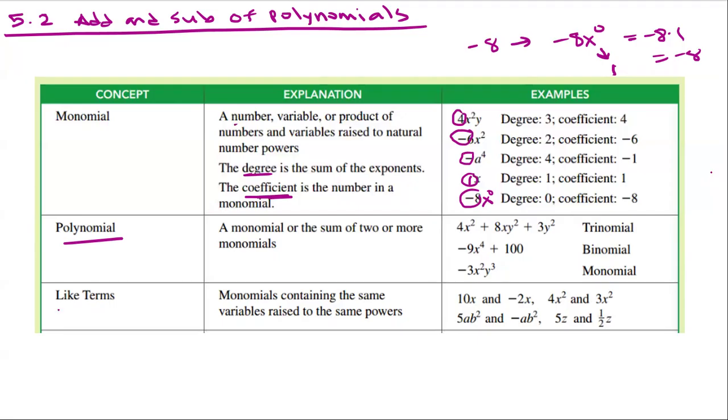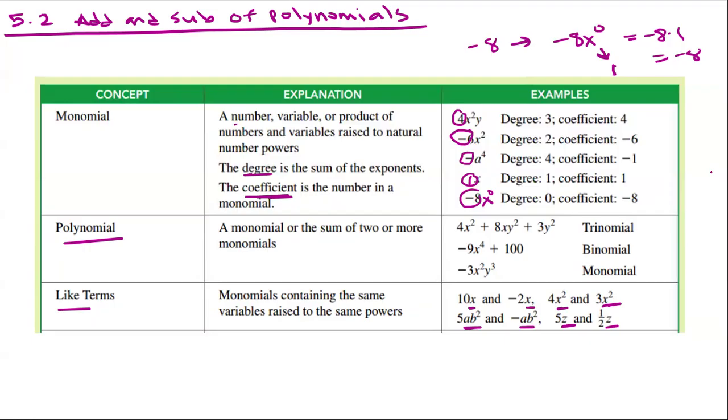Okay, and you guys are familiar with like terms. Monomials containing the same variable raised to the same powers. So here you have x and x. They're the same, so they're like terms. This has ab squared and ab squared, so those are like terms. You have x squared, like terms, and z, like terms. In order to do anything with them, if you're adding or subtracting, you have to have exactly the same variables being raised to the same powers.